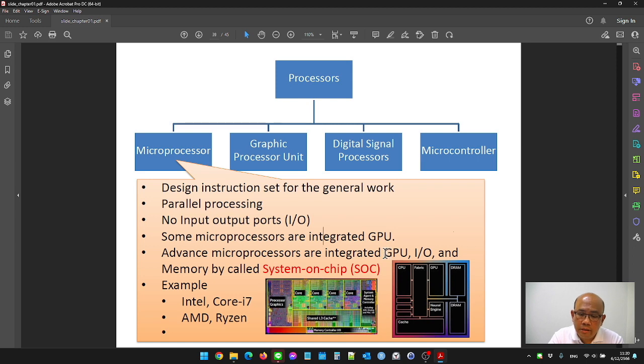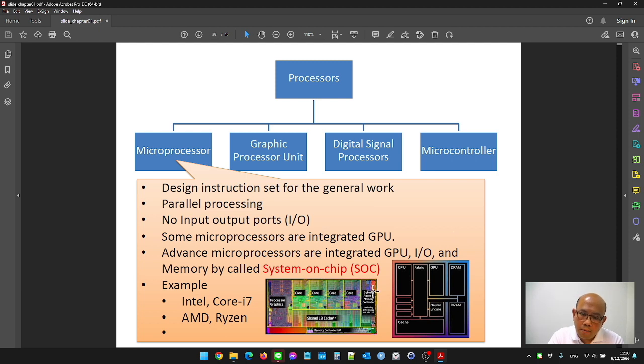Including the GPU and I/O in the chip, they call it a new name, the SoC, system on chip. The system on chip indicates all the system is in the chip.